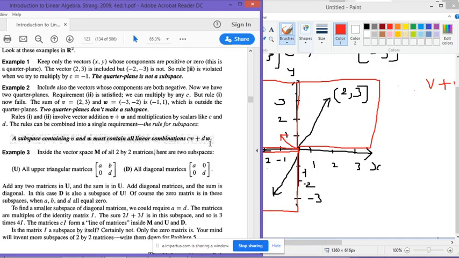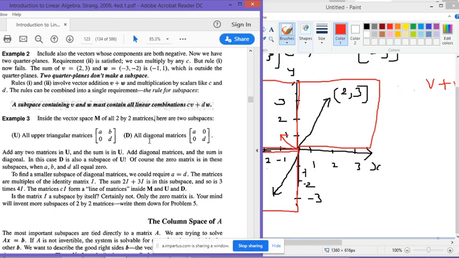When we perform addition or multiplication, the resultant is supposed to fall in the same plane or space we have considered. If it falls outside, it violates the rule.